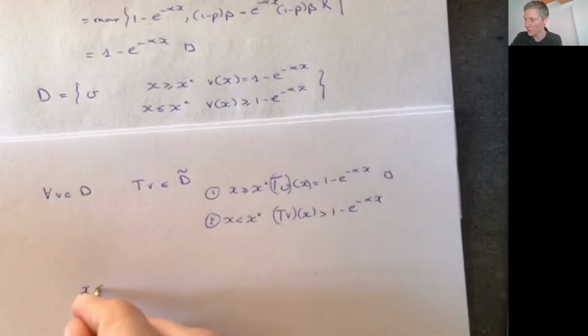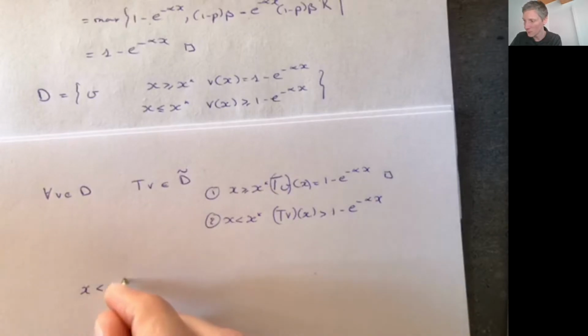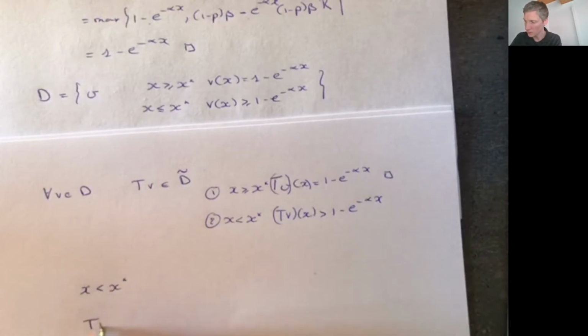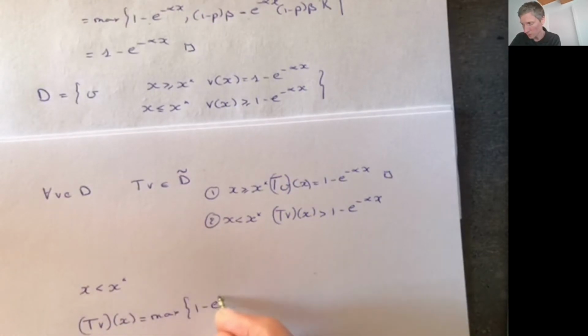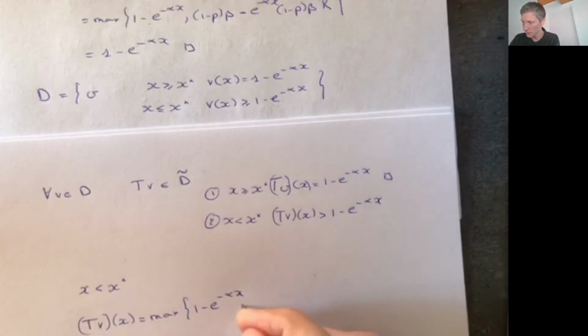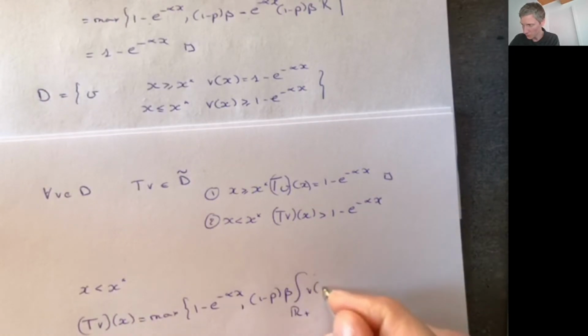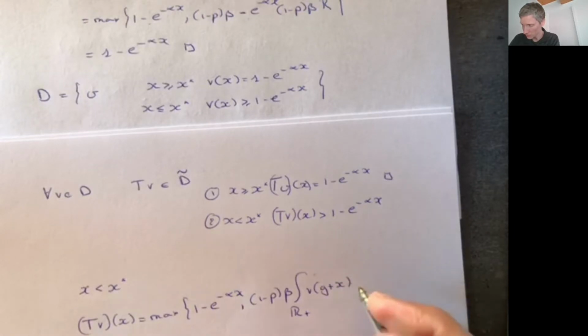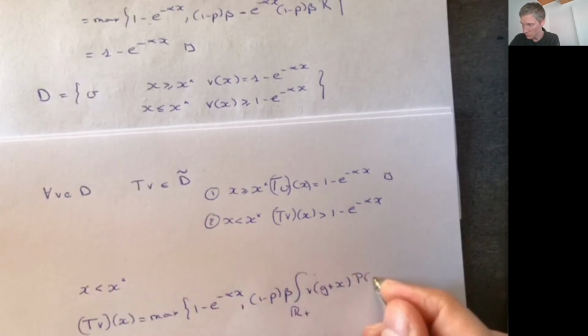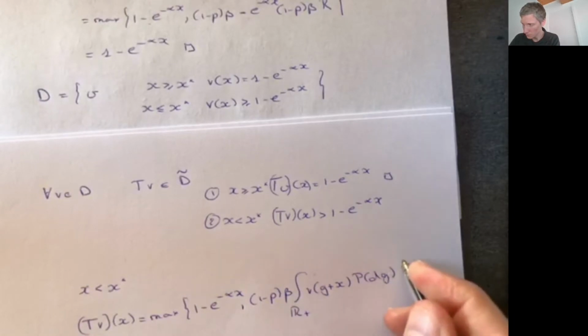Okay, so let's take x smaller than x star. Then Tv of x is equal to the maximum of 1 minus e to the minus alpha x, and then 1 minus p beta, integrating over R plus of v of g plus x, or x plus g, times p.